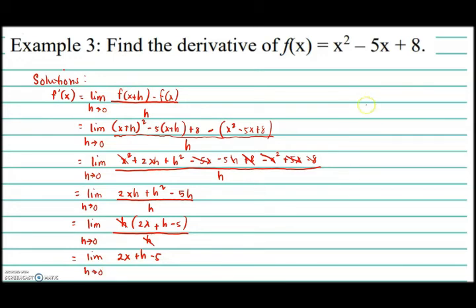So f prime of x is equal to 2x plus 0 minus 5. So we have here 2x minus 5. Now that is already your derivative. So f prime of x, or the derivative of f of x equals x squared minus 5x plus 8, is 2x minus 5.